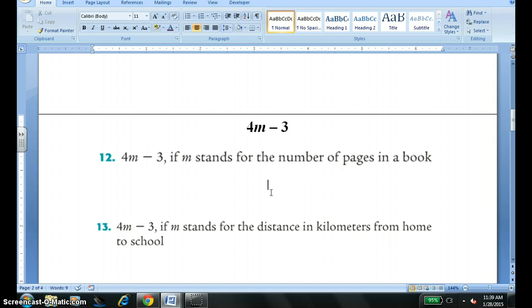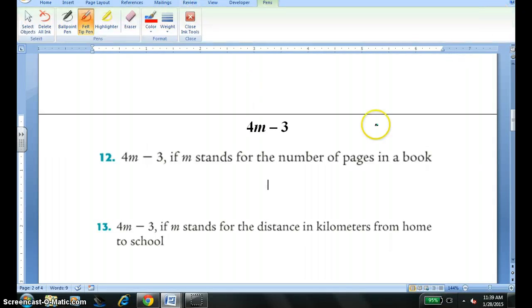Well, I know that I have to multiply the number of pages in a book times 4, and then I have to subtract 3 from it. So here's a situation that I would probably write. It's not the most exciting, creative one that Mrs. Morrison would like, but I'm going to tell you what I think it would be.